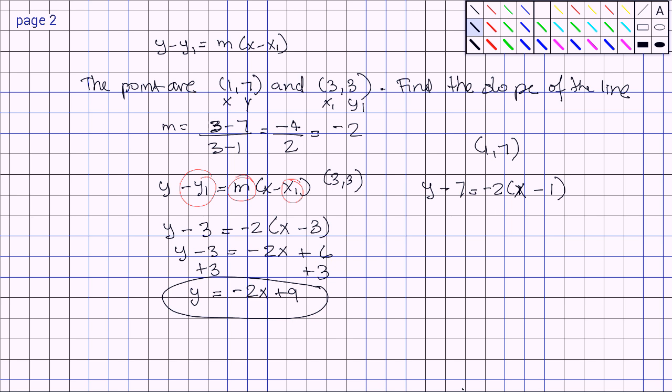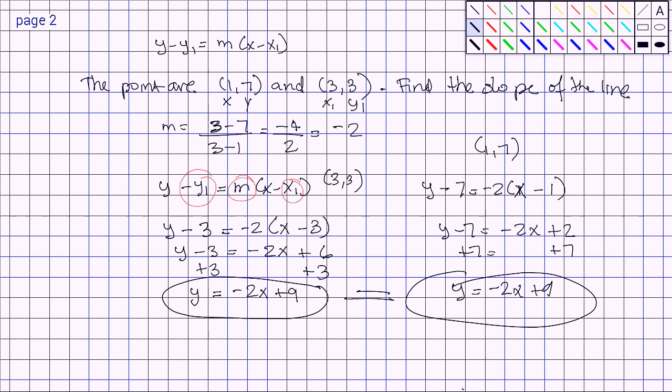We solve for y, so we have y minus 7 equals negative 2x plus 2. We add 7 to both sides, and we have y equals negative 2x plus 9. Either point gives us the exact same slope-intercept form, and that's the way it should be.